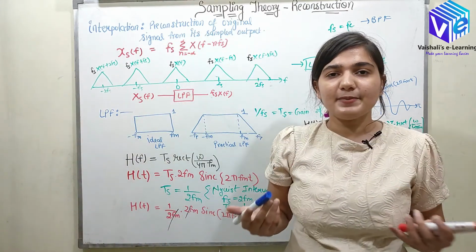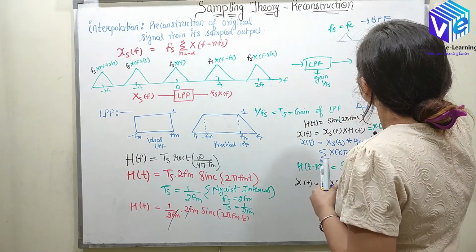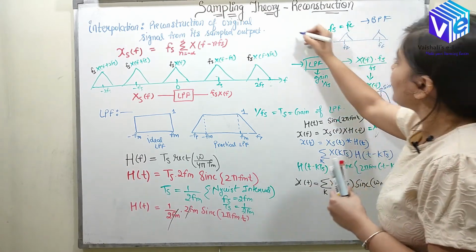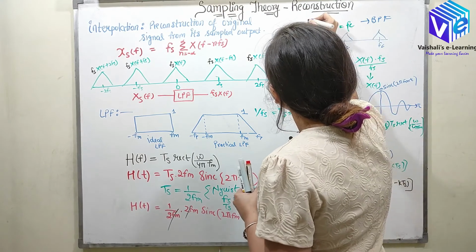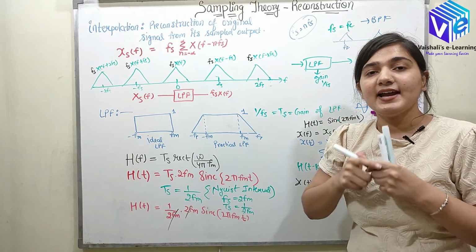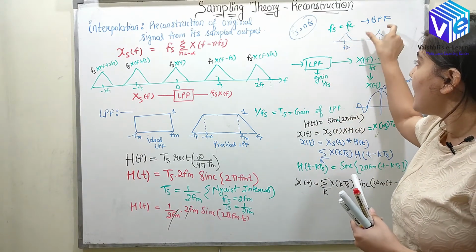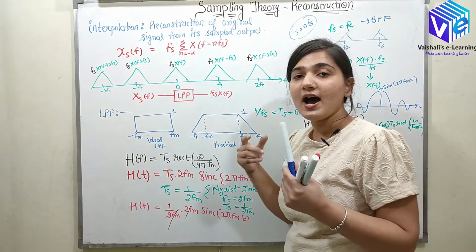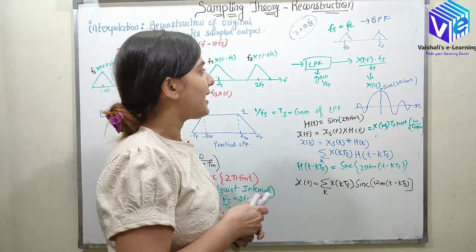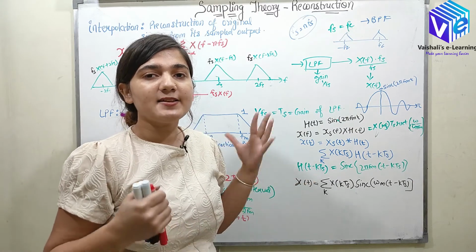In double sideband suppressed carrier, what was happening? I was having the samples at the carrier frequency. Now if I take fs to be n times fc, choosing my sampling frequency such that it is n times the carrier frequency, then after using a band pass filter I can extract only the higher frequency values. If I extract only the fc and minus fc samples, this represents the double sideband suppressed carrier output.